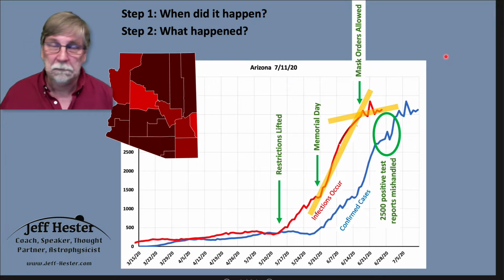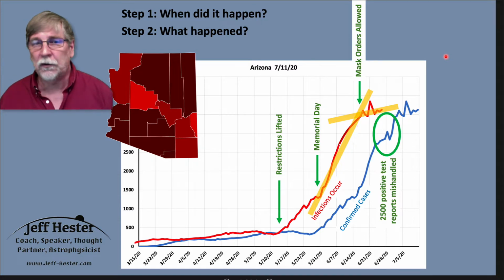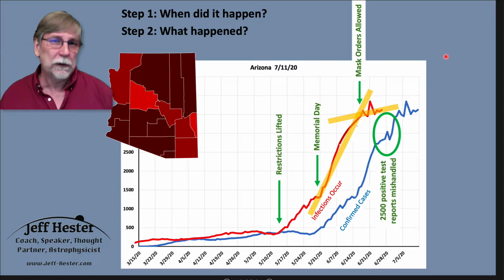And immediately throughout the state, most of the largest communities said, yeah, we're on board with that, and ordered people to start wearing masks. And what you see when you look at the infections is immediately when that mask order went into place, the rate of infections dropped.